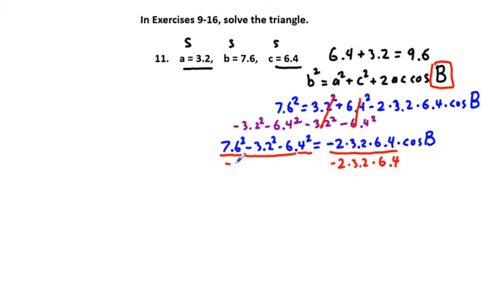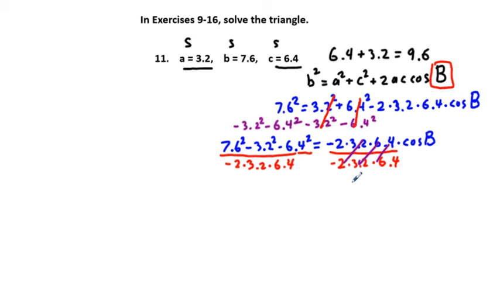So we have negative 2 times 3.2 times 6.4, and then we cancel out on the right.